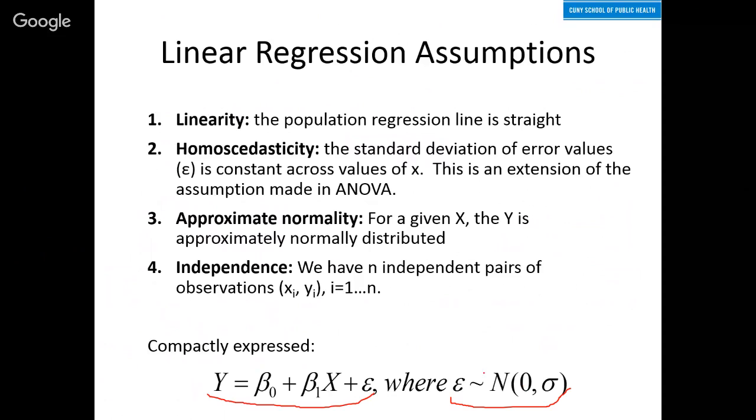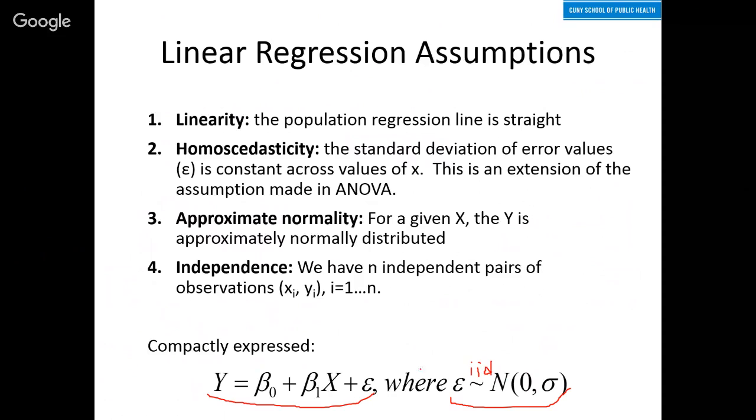And it is also common to write epsilon with a tilde. This means that the errors are normally distributed with mean 0, standard deviation sigma, and they are independent and identically distributed.